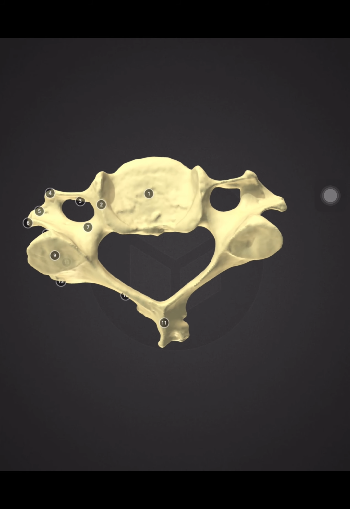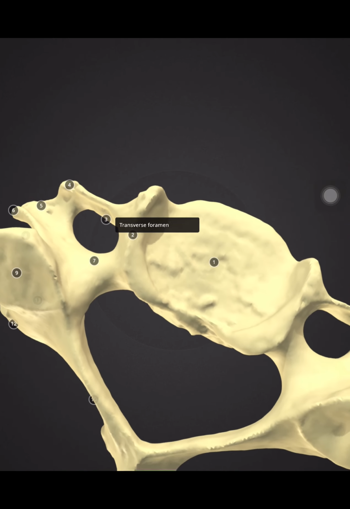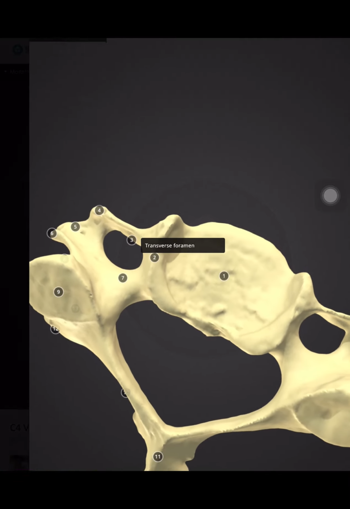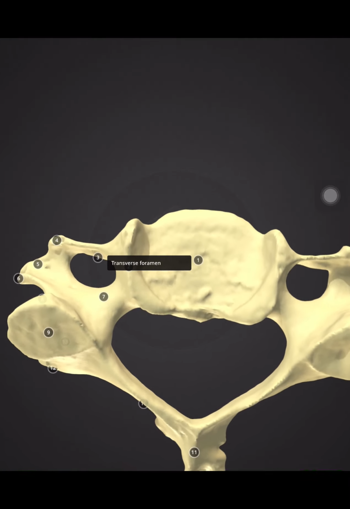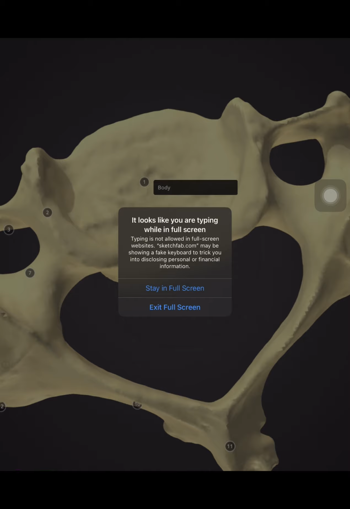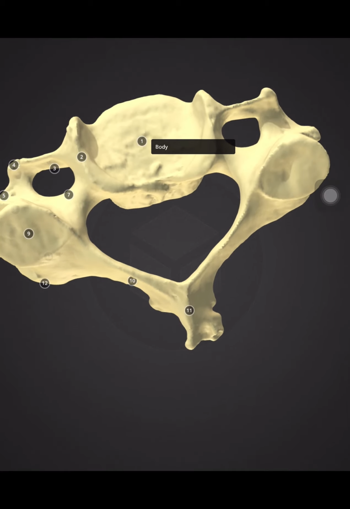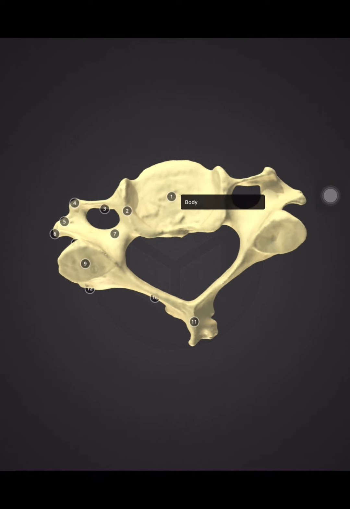The two holes which you can see on either side of the body are the transversarium foramen, or the foramen transversarium. This is the body, which is always placed anteriorly, and the spinous process, which is always placed posteriorly.